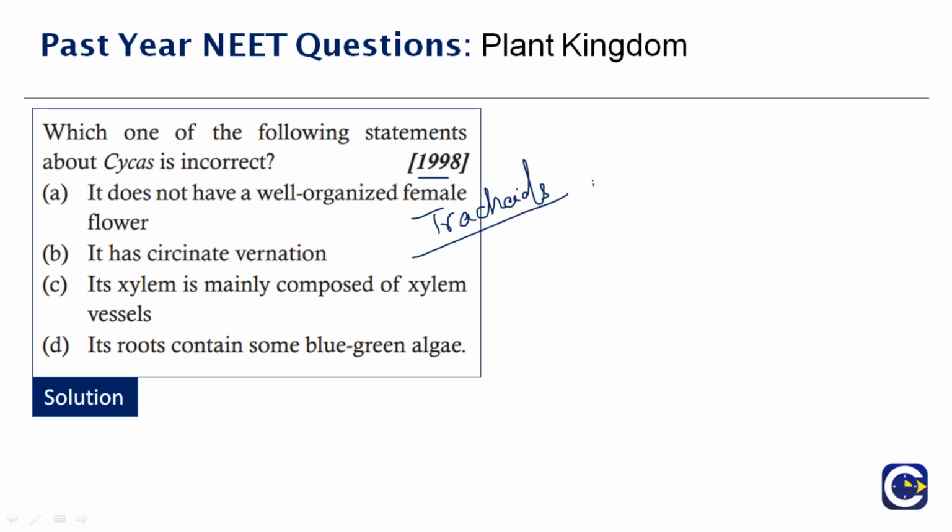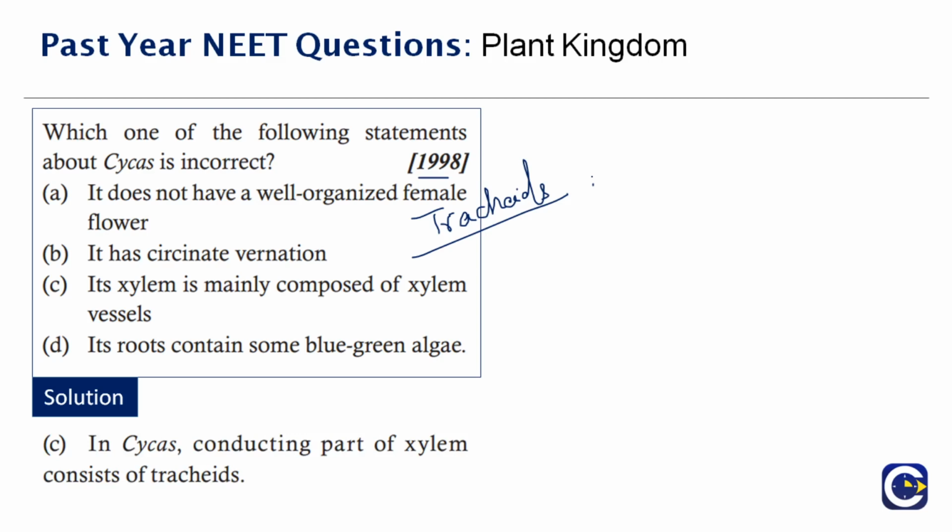So this is present in xylem. A tracheid is a single-cell, non-living, elongated xylem element, and therefore this is the incorrect statement about Cycas. Its xylem is mainly composed of xylem vessels. No, it is not composed of xylem vessels. Therefore the correct answer is option C, because their xylem consists of tracheids and not of xylem vessels.